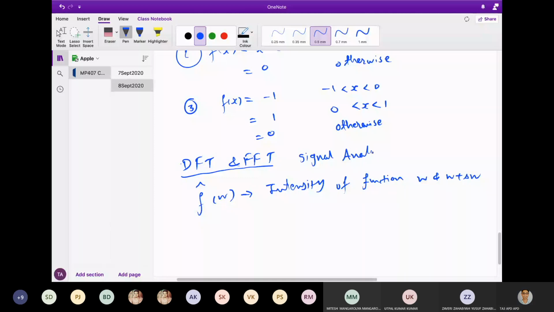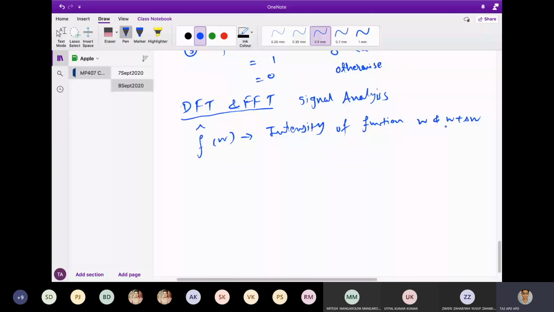If you talk about this in the context of signal analysis, it is nothing but the intensity of your function in the interval between w and w plus delta w, for a very small interval delta w, and this interprets the spectral density. In terms of optics phenomena, this would indicate the spectral density of the signal.